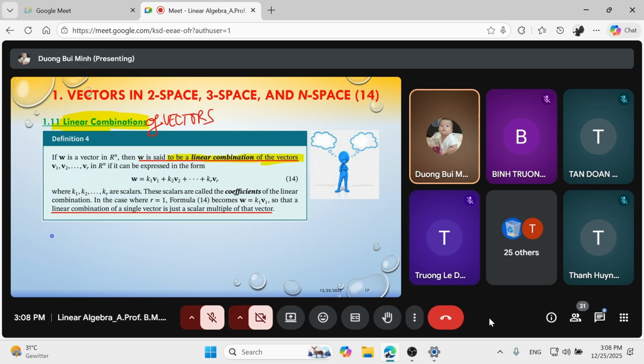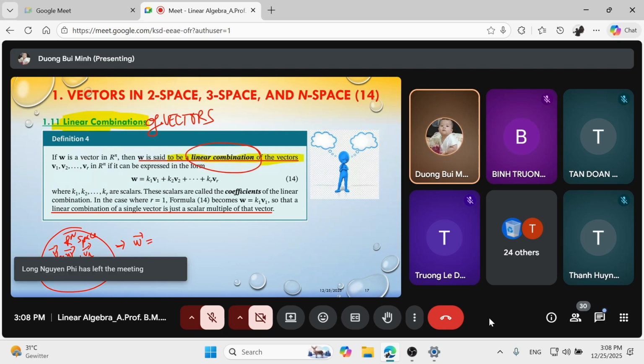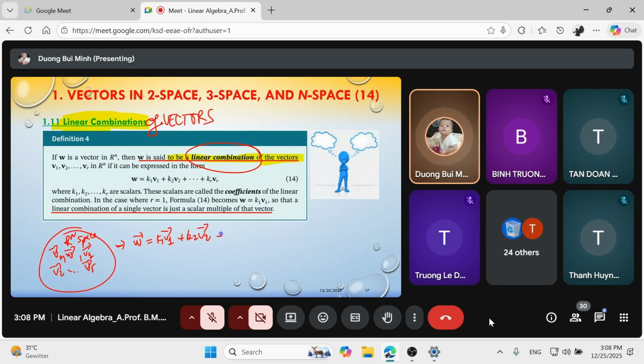So we have this space Rn, and we have many vectors in this space: vector v, vector w, vector v1, vector v2, vector v3, and so on. If we can indicate vector w as a linear combination of the other vectors, you get k1 v1 plus k2 v2 plus and so on plus kr vr.